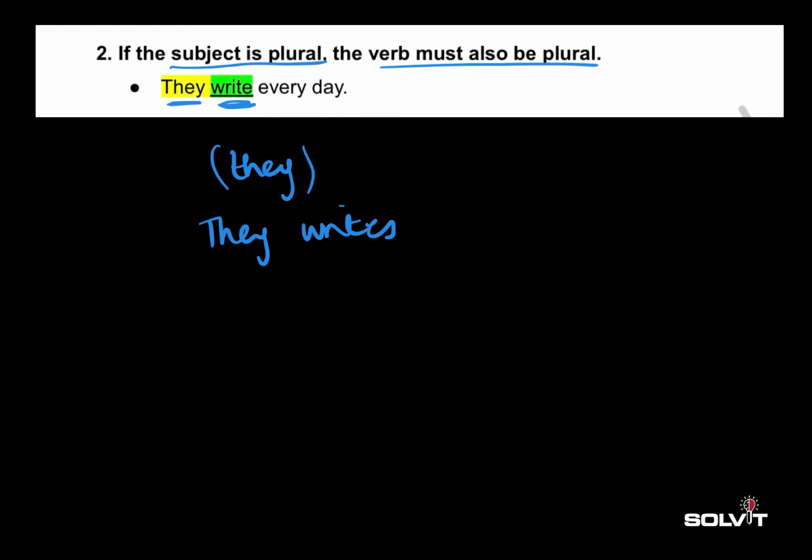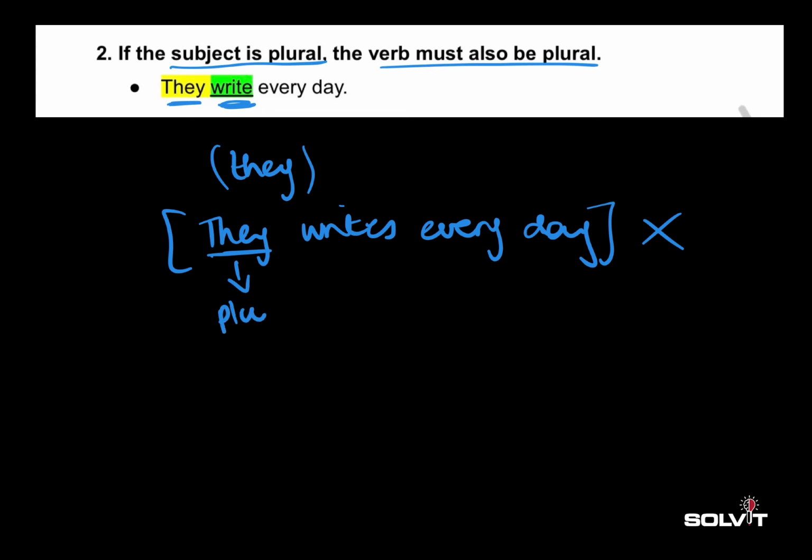"They write every day." Okay, this sentence is absolutely incorrect because the word "they" is plural and the word "writes" is singular. Okay, so the subject and the verb are not in agreement, which is why this is incorrect.